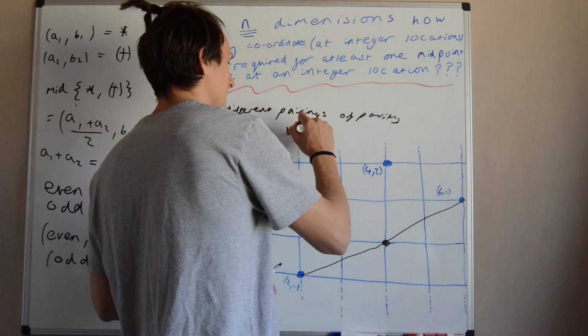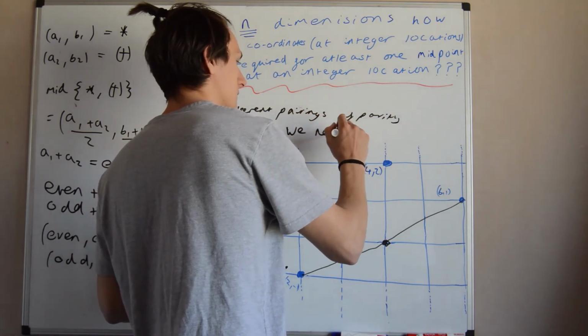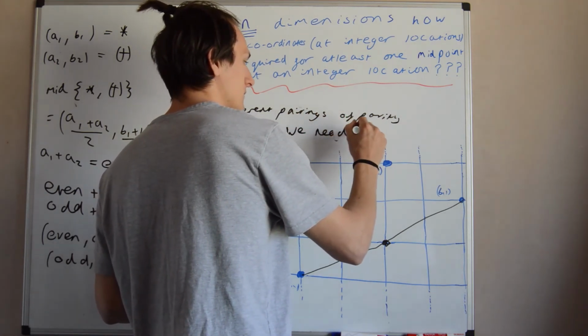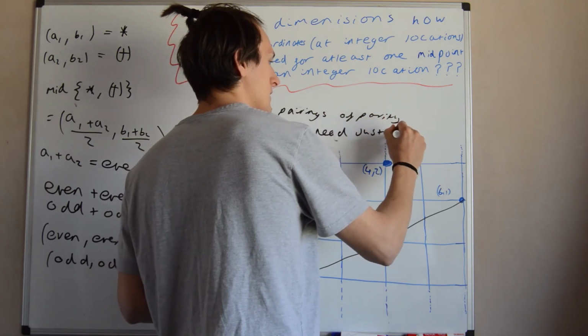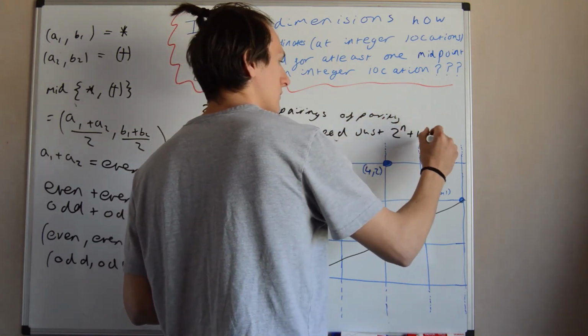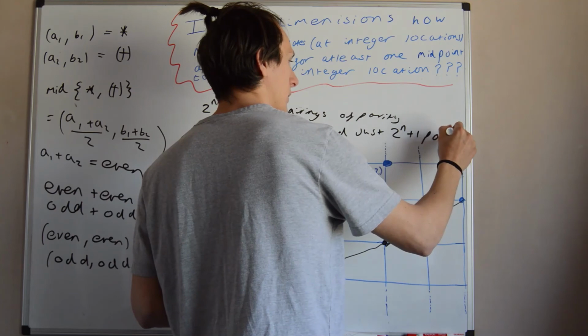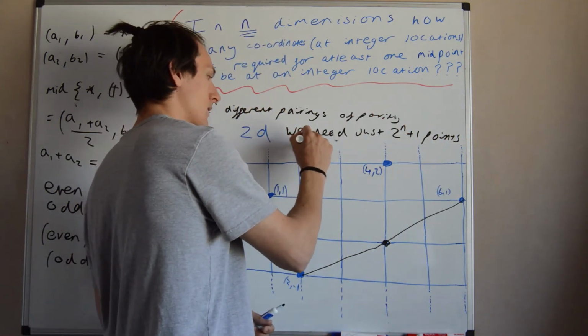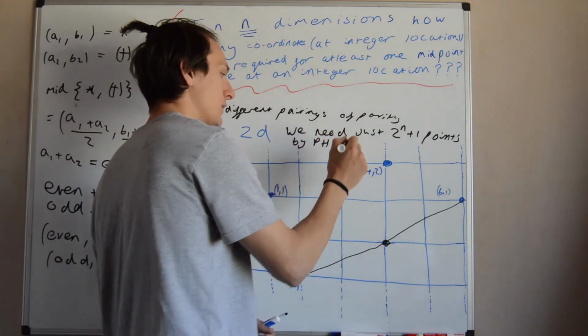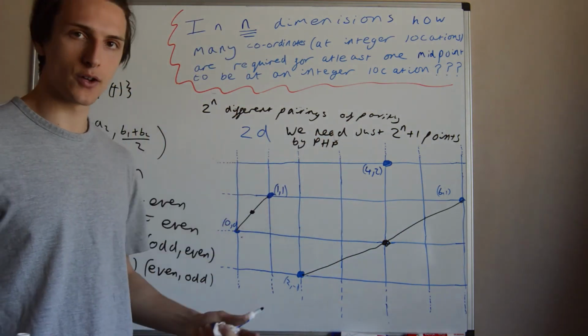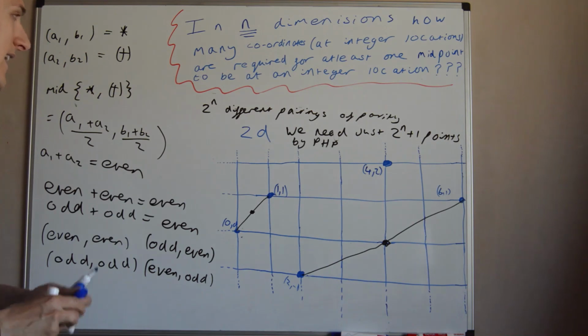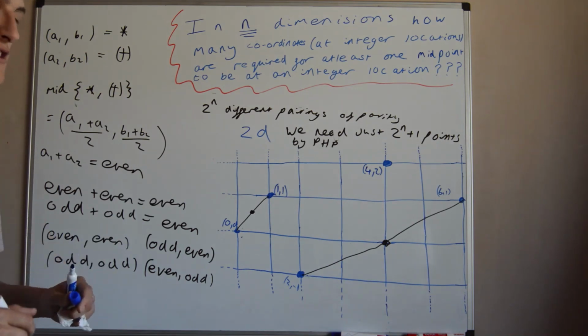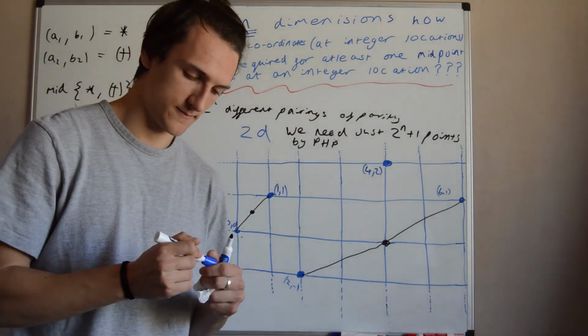We need just 2 to the n plus 1 points by the pigeonhole principle. And I'm not going to write it out in full, but yeah, that's the idea. In n dimensions we need 2 to the n plus 1 points.